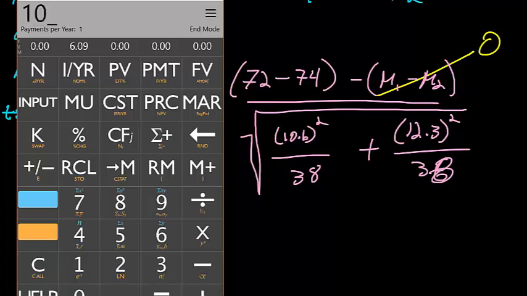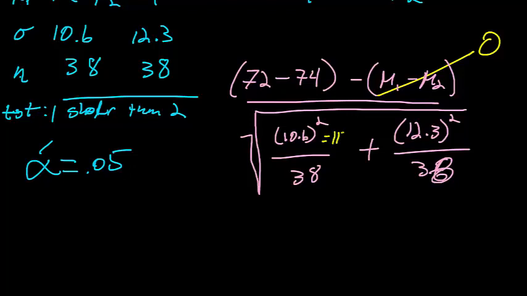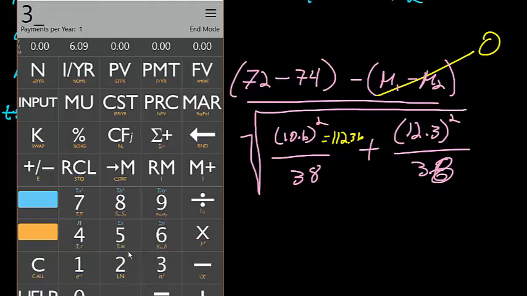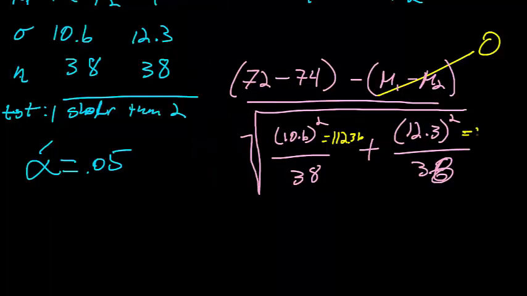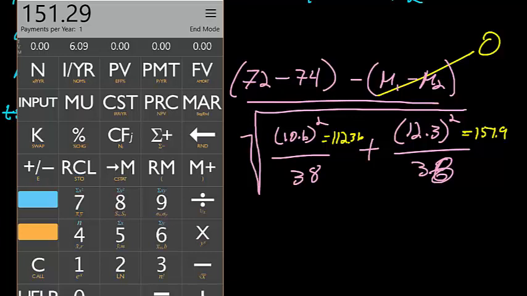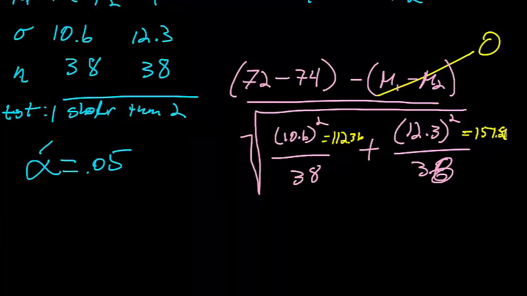I'm going to start in the denominator. 10.6 squared is 112.36. 12.3 squared is 151.29. 38 is on the bottom.